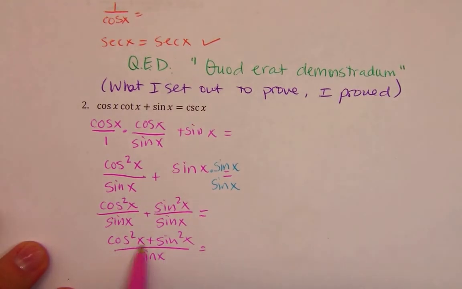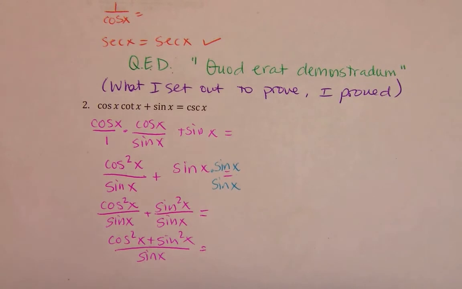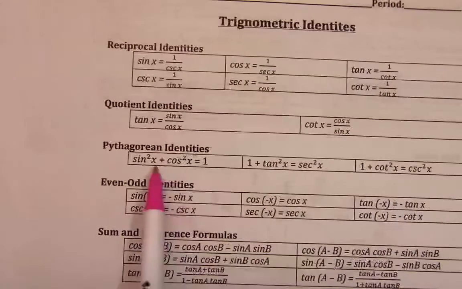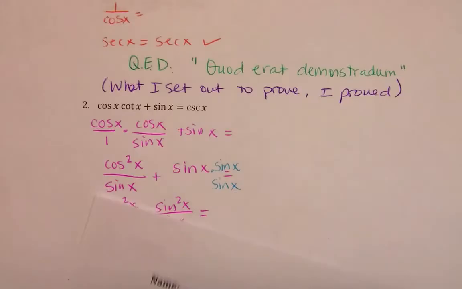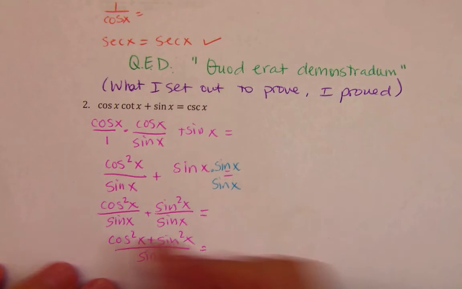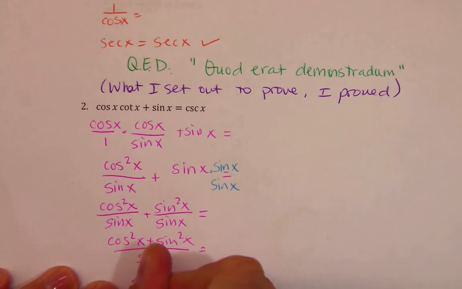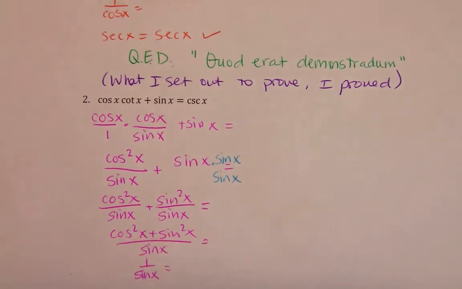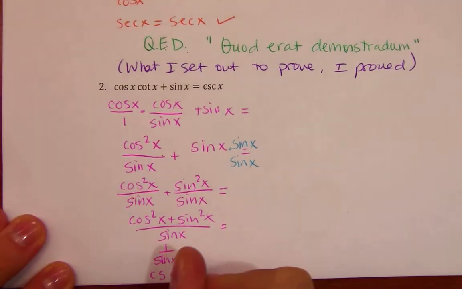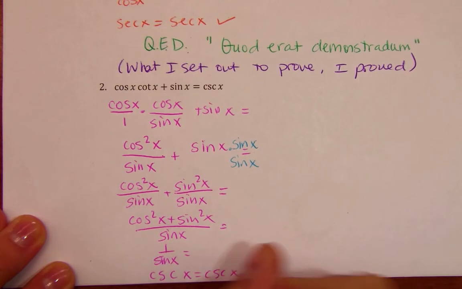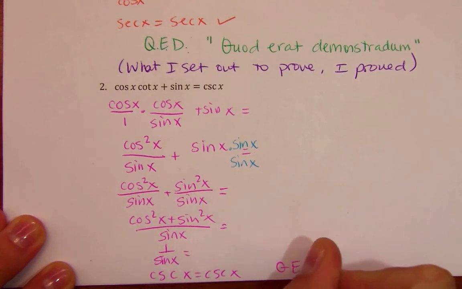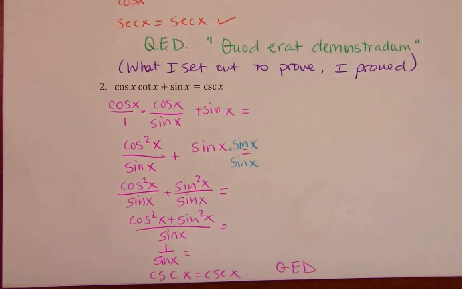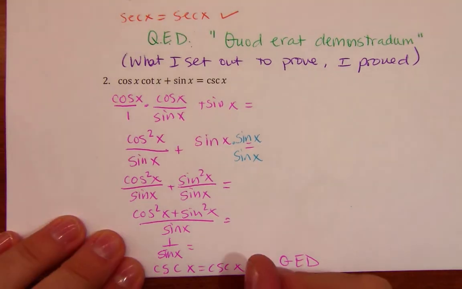So this right here, using my Pythagorean identities, cosine squared plus sine squared is equal to 1. So I can replace that with 1 over sine x, and that is cosecant. Now, sometimes what you might see in textbooks, and I think your book does this, is a little square filled in right there.